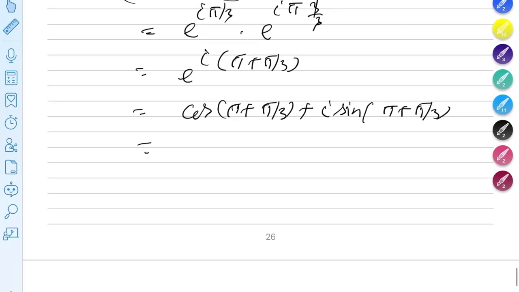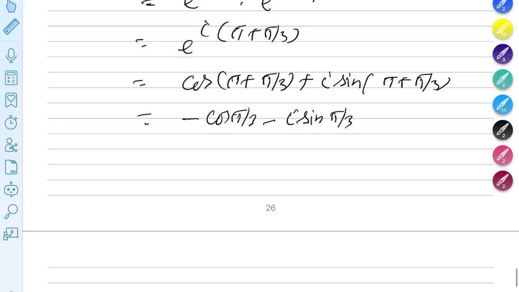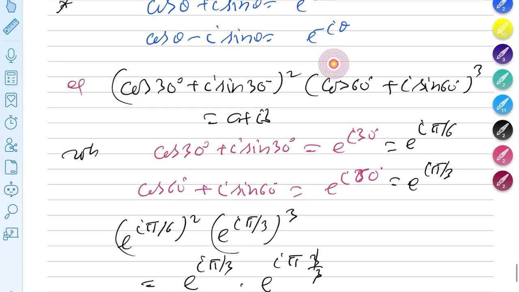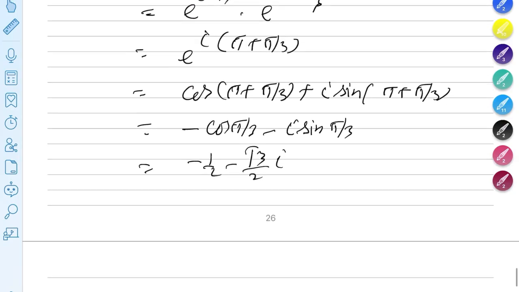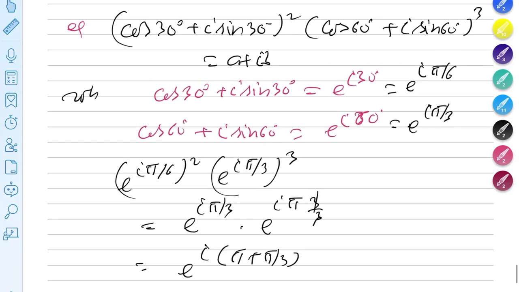So it is minus cos pi by 3, because pi plus pi by 3 goes in the third quadrant, where sin and cos are both negative, minus i sin pi by 3. And cos pi by 3 is 1 by 2, so we get minus 1 by 2 minus root 3 by 2 i. So essentially this trigonometric form is converted into standard form using the Euler form.